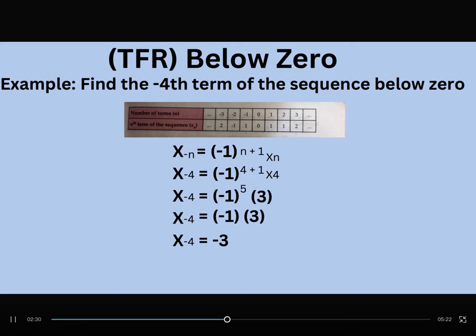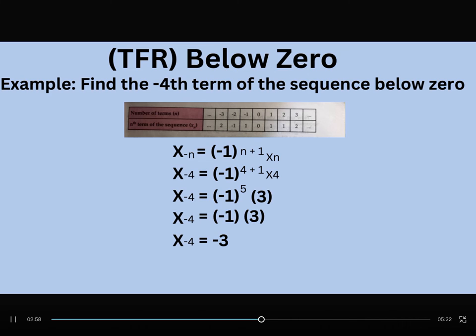So we have x sub negative n equals negative 1 to the power n plus 1 times x sub n. Since we have negative 4 as the nth term, we put the 4 in the n place. So now we have x sub negative 4 equals negative 1 to the power 4 plus 1 times x sub 4.